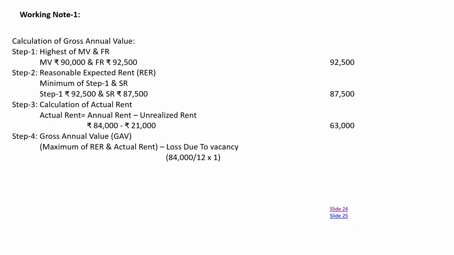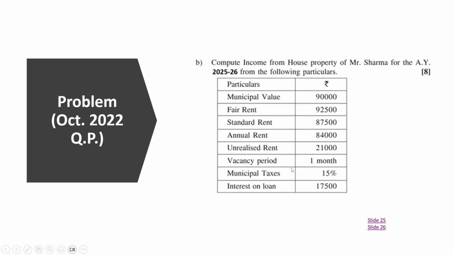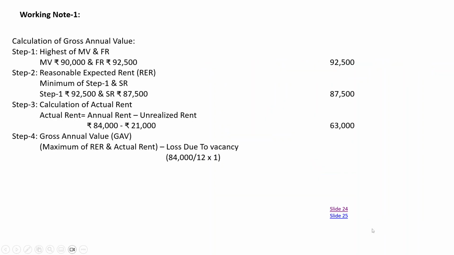How to calculate the loss due to vacancy? Very simple. Annual rent divided by 12 months multiplied by the vacancy period of 1 month. The annual rent given in the problem is 84,000 and the vacancy period is 1 month. So 84,000 divided by 12 multiplied by 1, we get 7,000.